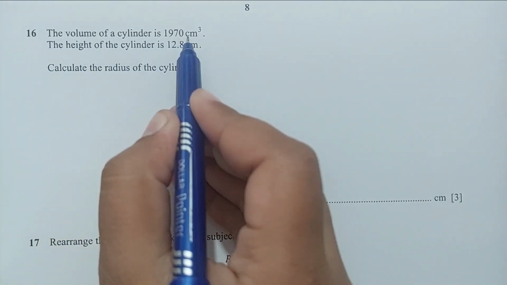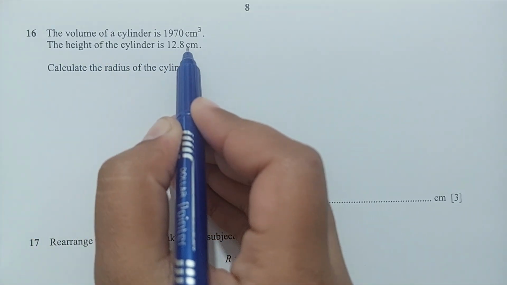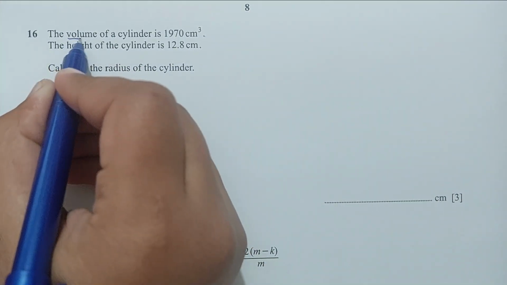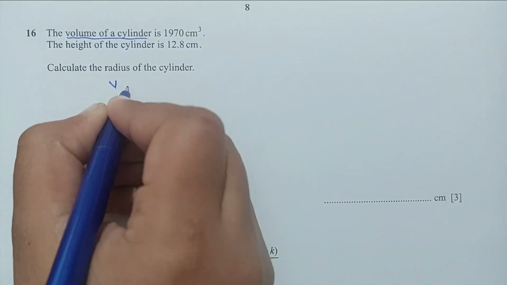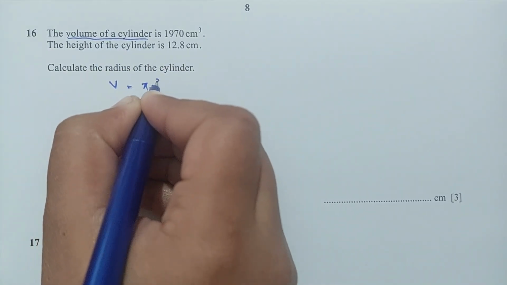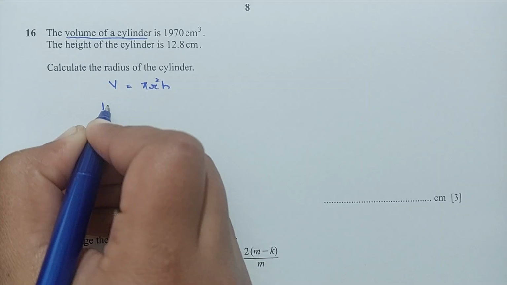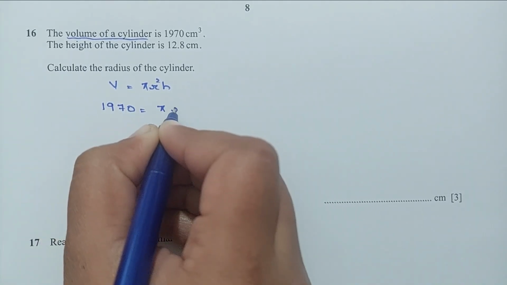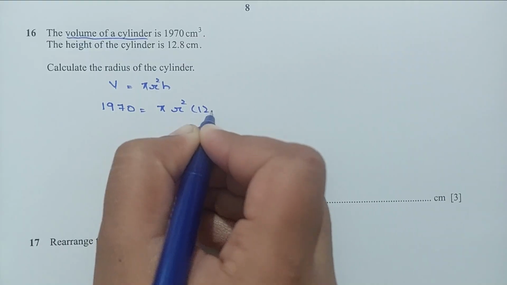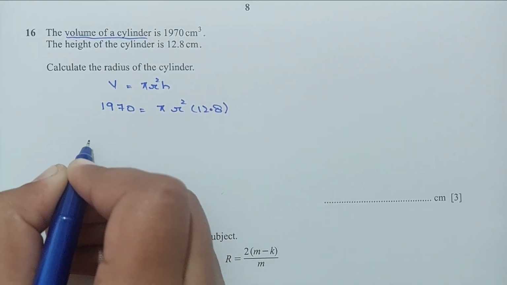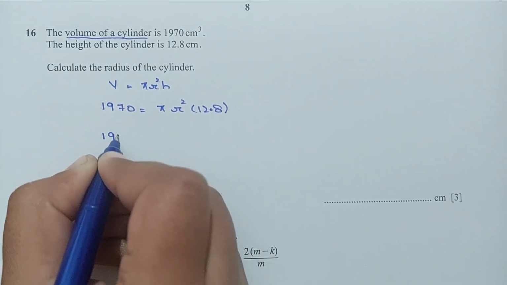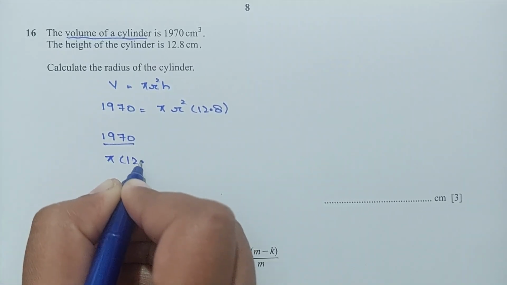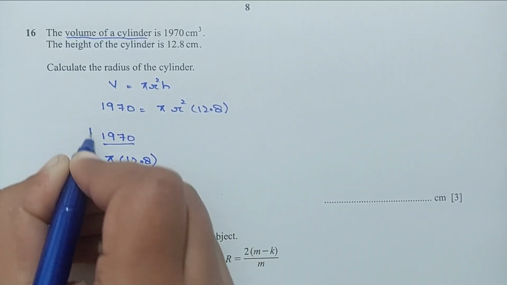The volume of a cylinder is this. The height of a cylinder is 12.8 and calculate the radius of the cylinder. The volume of a cylinder is pi r squared h. The volume is 1970. We have pi, the radius we have to find, and the height is 12.8, right? Simplify for the radius: 1970 divided by pi times 12.8, and a square root.